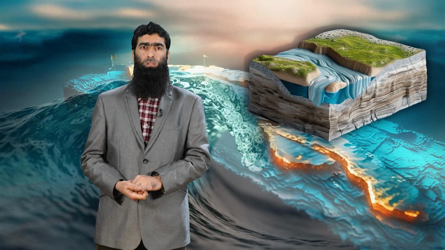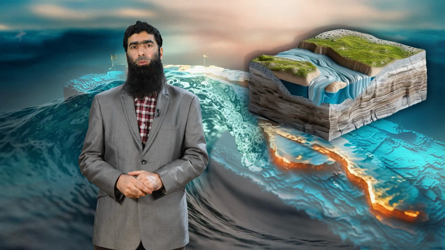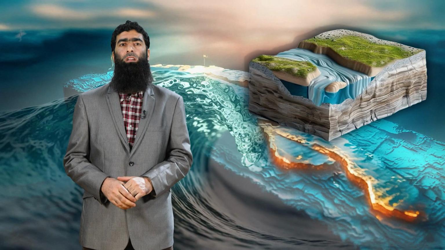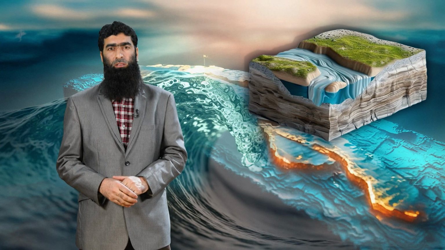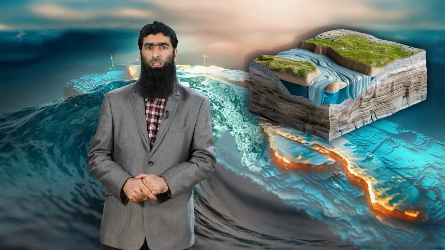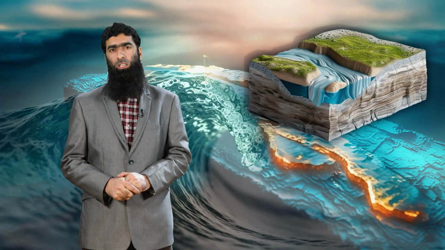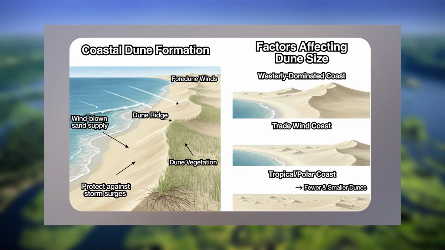Looking similar to desert dunes, coastal dunes are characterized by a dune ridge just at the rear of the beach. Prevailing westerly dominated coasts are associated with large dunes, and coasts exposed to trade winds possess generally smaller dunes. Further, coastal dunes are smaller and fewer in tropical and polar regions.